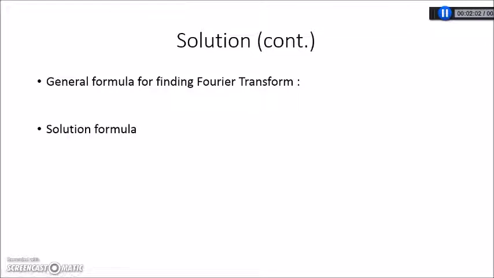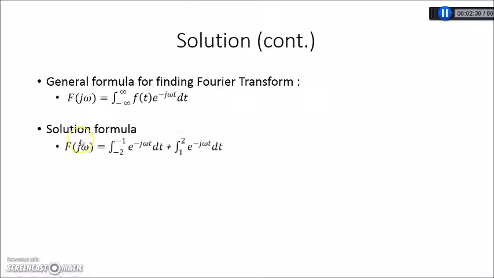Moving on to the steps to find its Fourier transform. First, here is the general formula of the Fourier transform, and as we discussed earlier, based on the graph we can see its respective intervals.